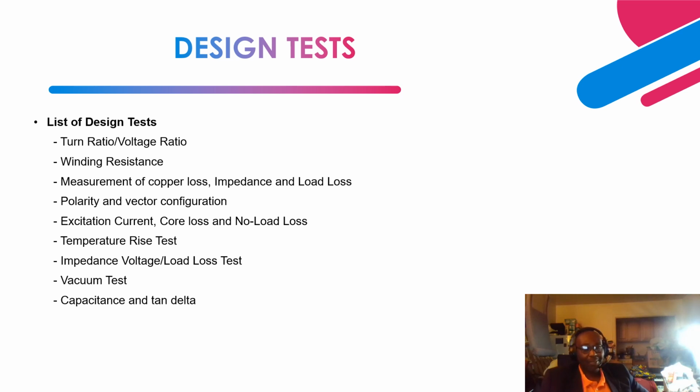Okay, so these are the list of design tests that can be performed. The first one is the turns ratio. The turns ratio test, or the voltage ratio test, is performed to identify broken strands in each turn, turn-to-turn shorts, broken connections between the winding lead and the cable connection, broken connections between the cable connections and the bottom connection of the bushing, and broken connections of the tap changer leads.